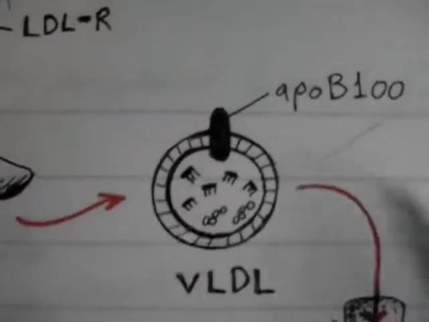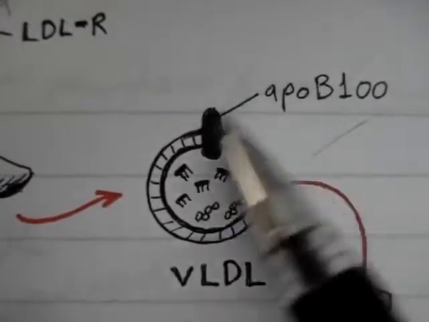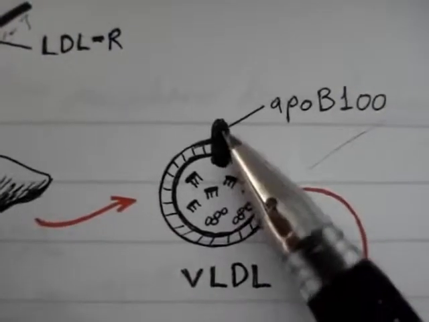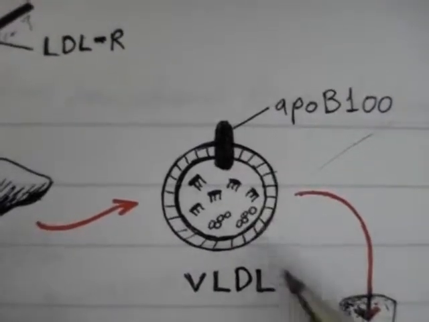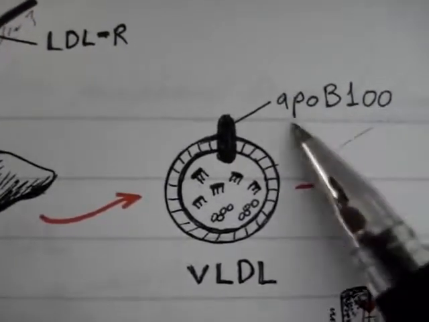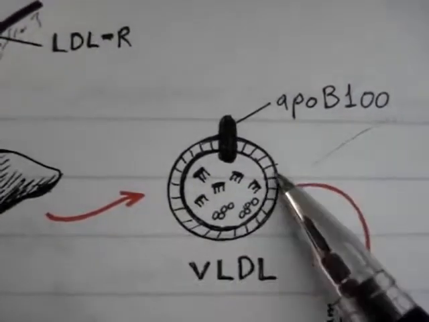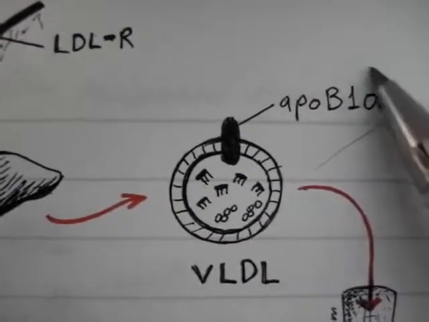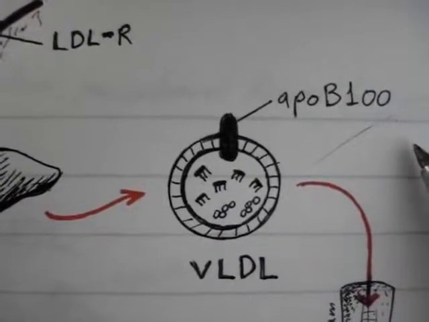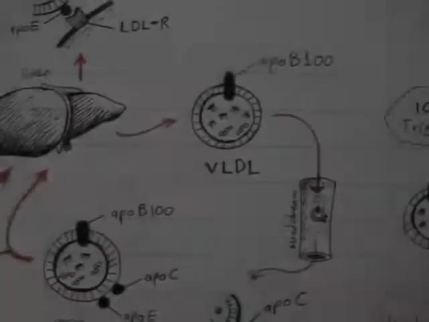The structure of VLDL is similar to chylomicrons, except that it uses a different integral protein called ApoB100. Chylomicrons had ApoB48, VLDL ApoB100. Both ApoB100 and ApoB48 are produced by the same gene.